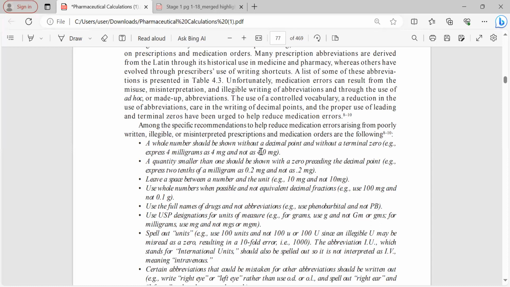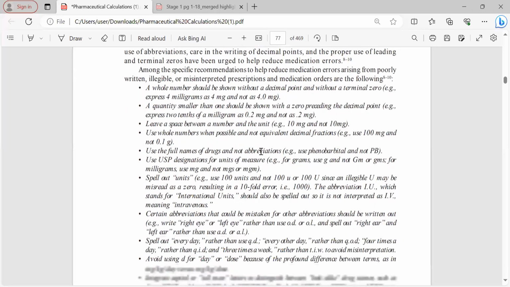And if whatever you're dispensing is not in milligrams but the unit is units, like 100 units, it's way safer to write units instead of U, because with bad handwriting, you might mistake that U for a 0 and end up dispensing the wrong thing.